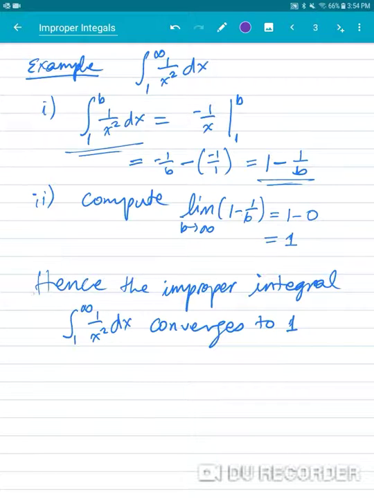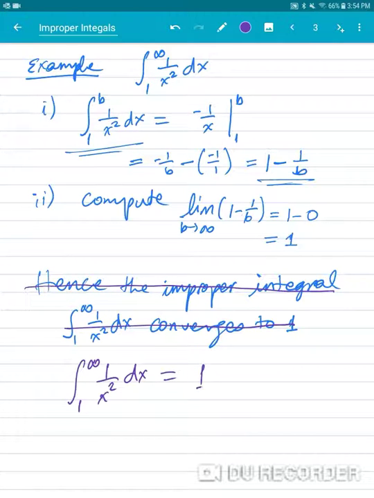I'm going to scratch that out and say what I would write to mean this. I'll simply write the integral from 1 to infinity of 1 over x squared dx equals 1. This says the same thing as that one. Convention. So the improper integral converges to 1.